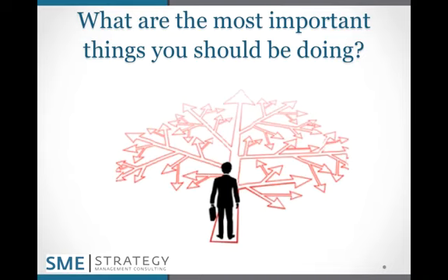This might seem obvious to some, but to others, they get involved in so many different projects and so many different objectives and goals that a lot of them don't take you to that true north point, to your vision at the end of the day, and you spend unnecessary money and time on useless projects. So what are the most important things you should be doing to achieve your organizational vision?